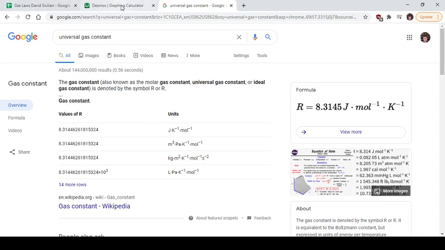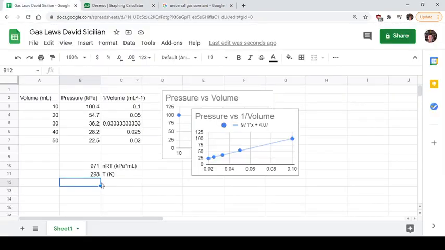So for R, we're going to have 8.31 joules per mole per Kelvin. So this will be our units for R. And so what we want to try to solve for here is, what is n? What is our number of moles? So this is what we're going to calculate.